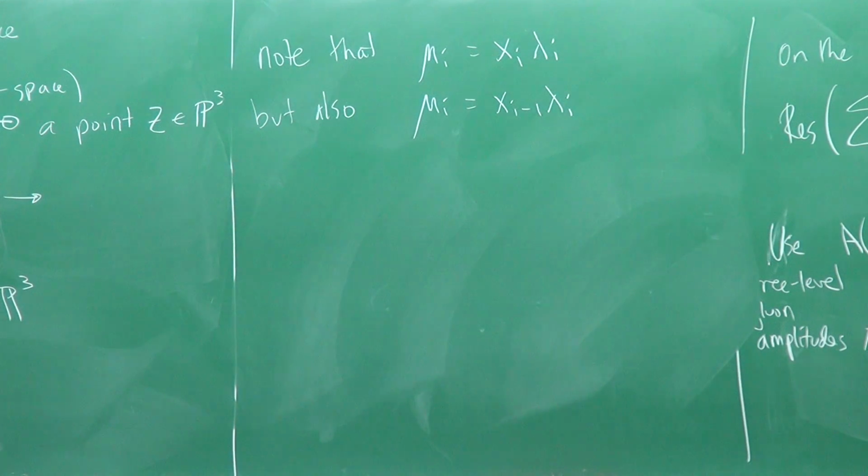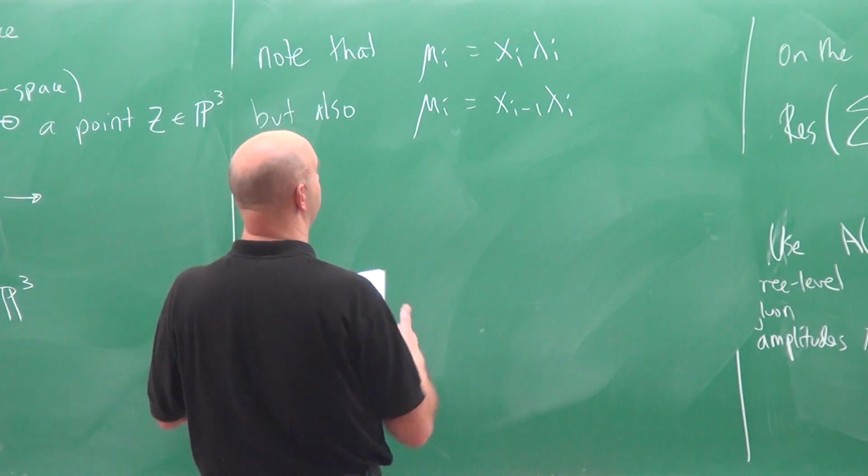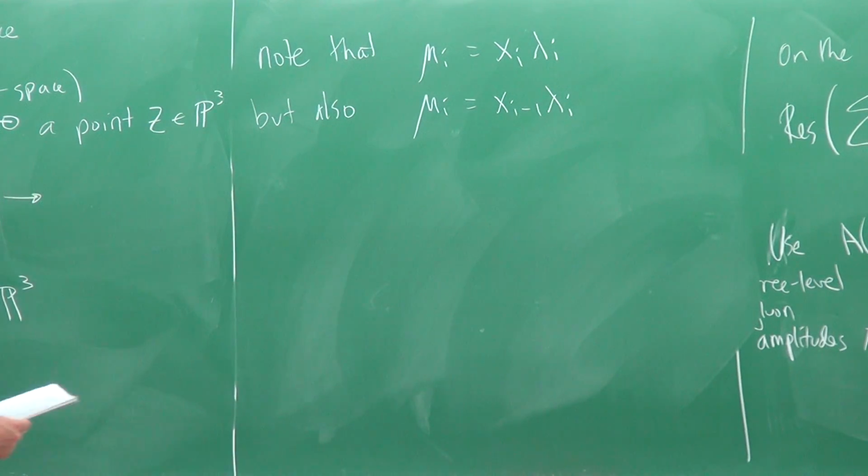So in order to see that, you have to use this incidence relation twice, once for the point Z_i and once for the point Z_{i-1}. So the point is that the same pair participates in 2 incidence relations.